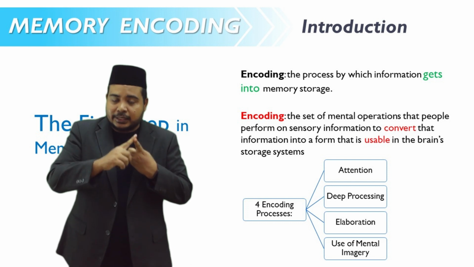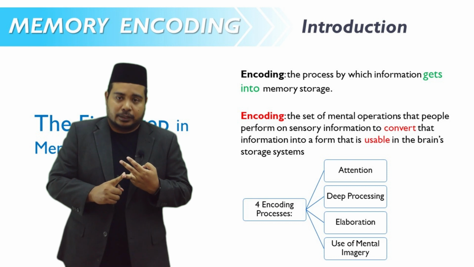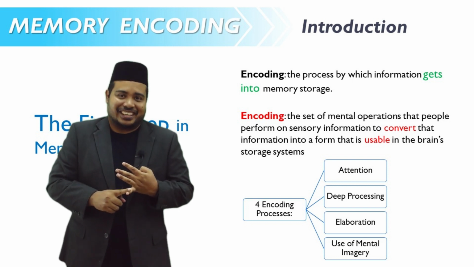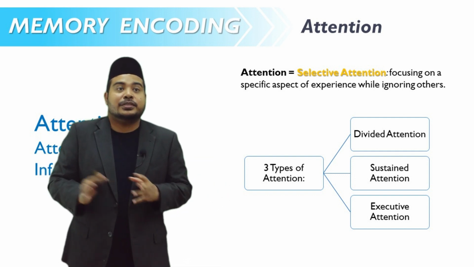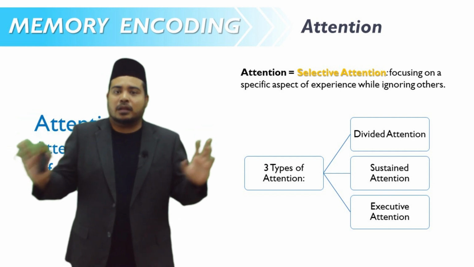The first one is attention. Second one is deep processing. Third one, elaborations. And the last one, we use mental imagery. Okay, attention. So what is attention? Attention here refers to selective attention, whereby we will listen to a lot of things.